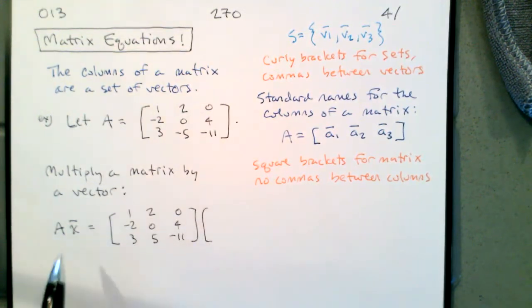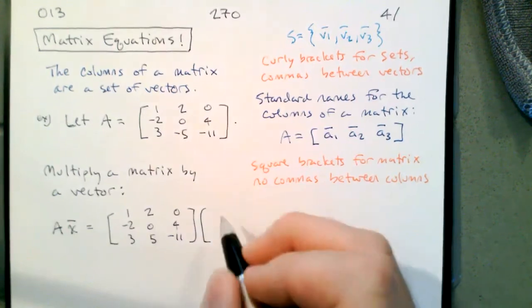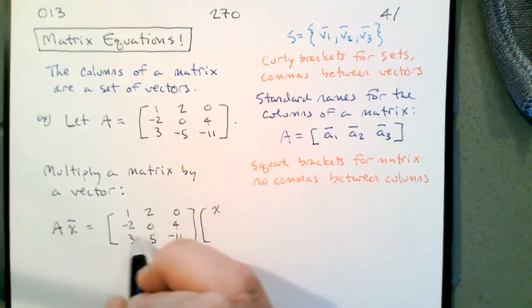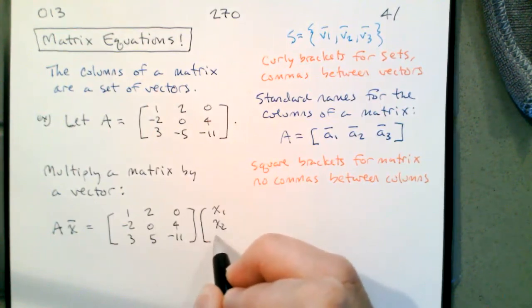So if I want to multiply A times x, I need however many columns I have in A, I need that many rows in x.